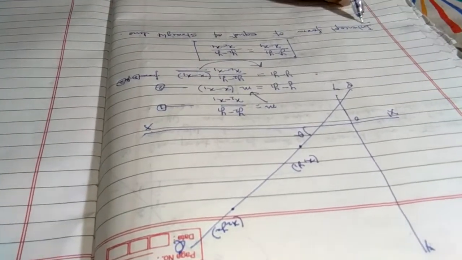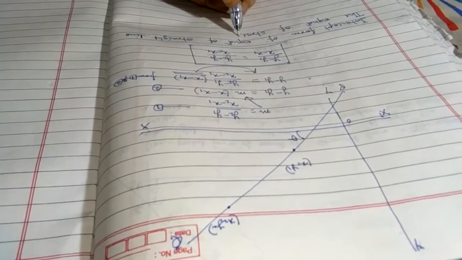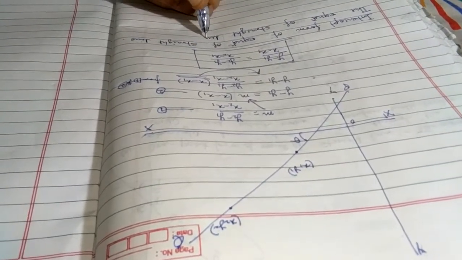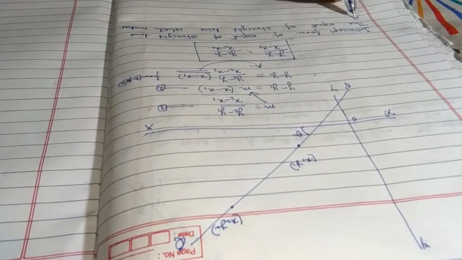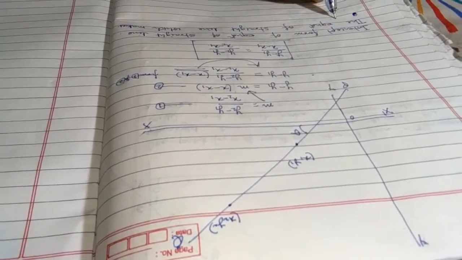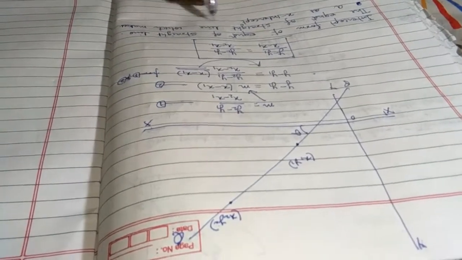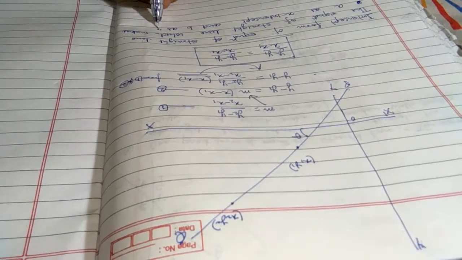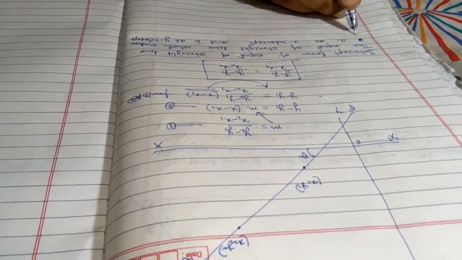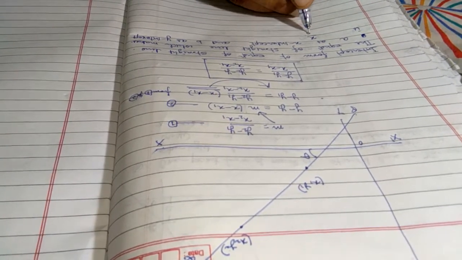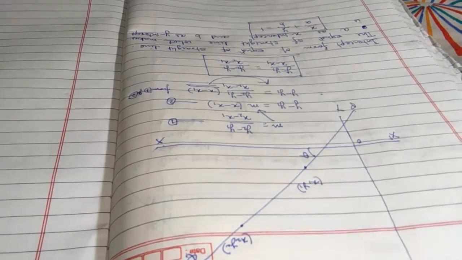The equation of a straight line which makes A as x-intercept and B as y-intercept is x by A plus y by B is equal to 1. This is the intercept form of straight line.